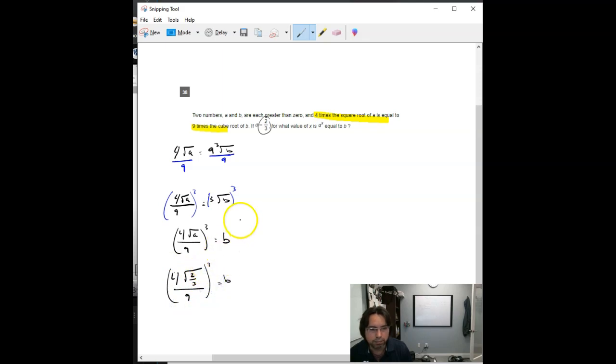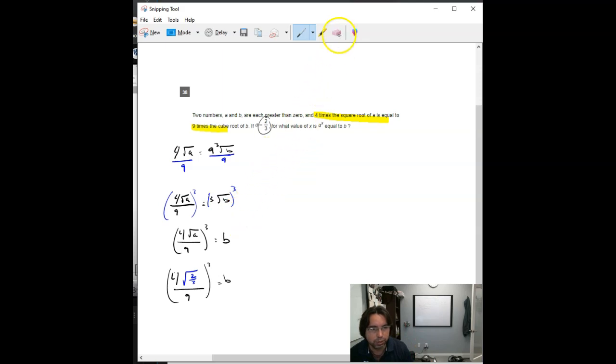Now, this segment right here, let me make this a different color to point it out a little better. This segment here in blue, we have to use what we call the root of the quotient. Root of the quotient just means that we're going to split up this square root term into a numerator and a denominator.